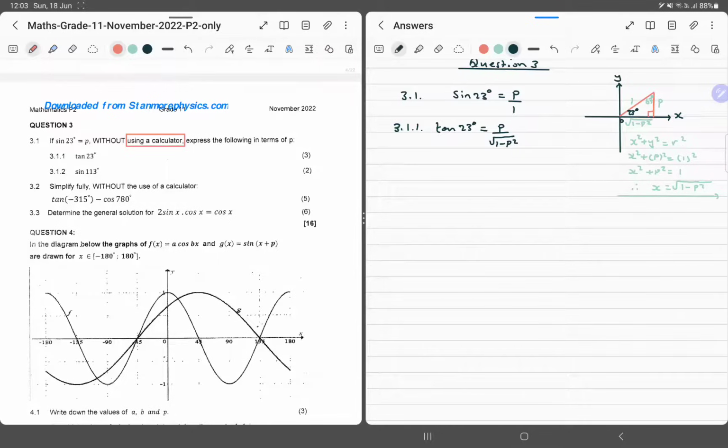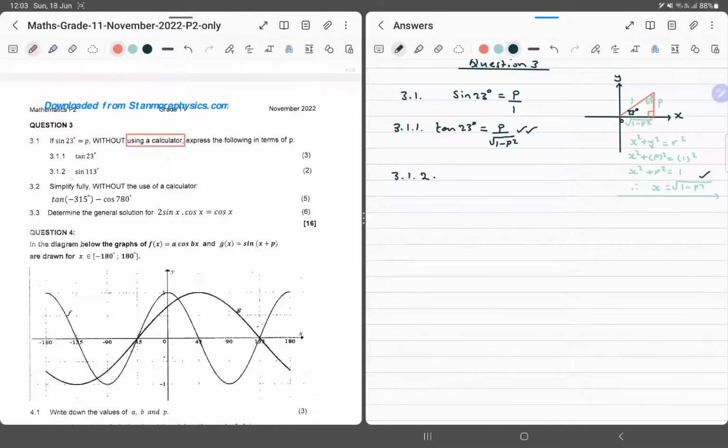So we're getting 3 marks. Obviously, the way we're getting it here is 2 marks on its own. Okay, but determining the value of the adjacent, that's how you get that extra mark.